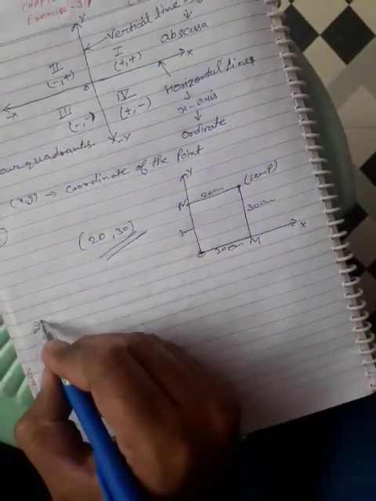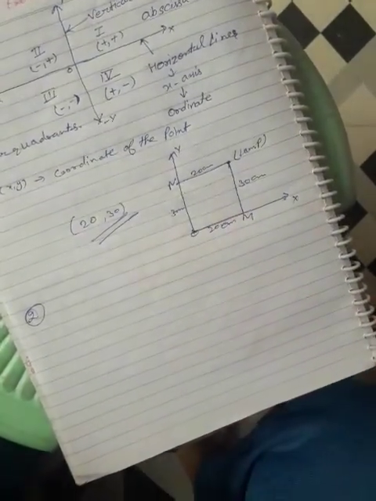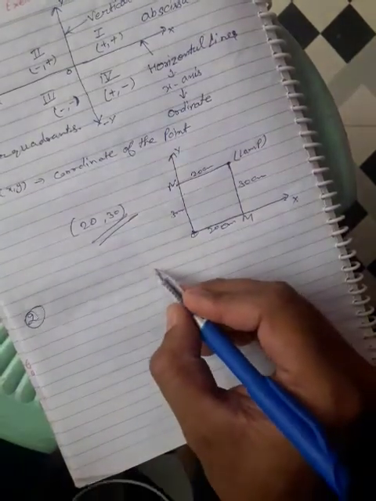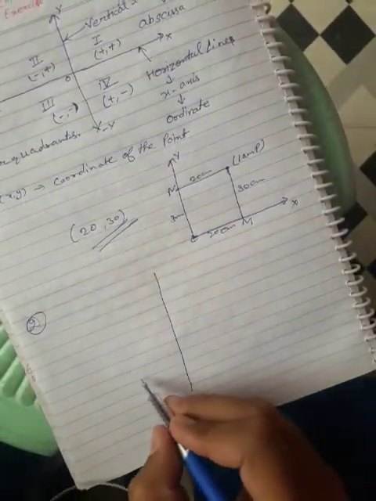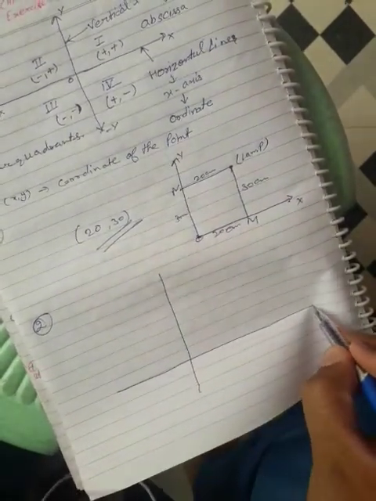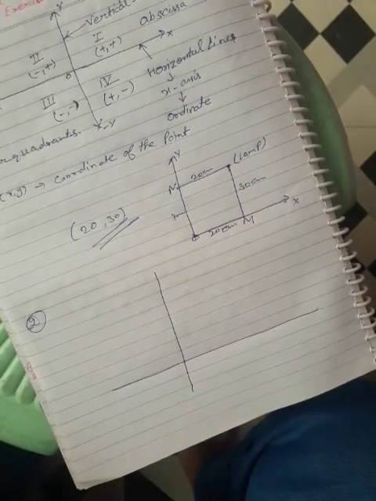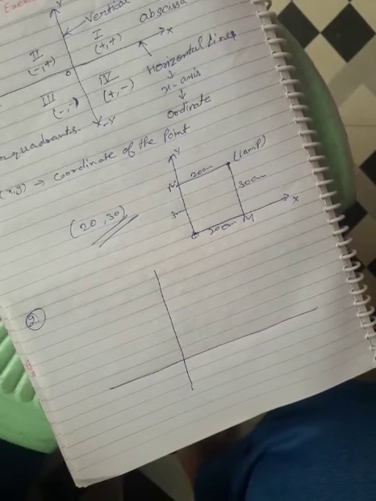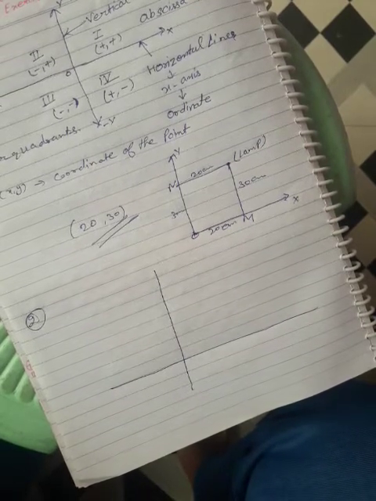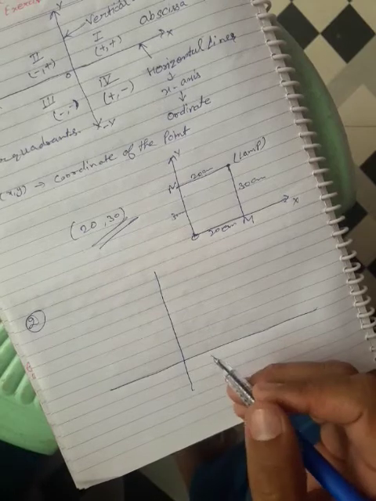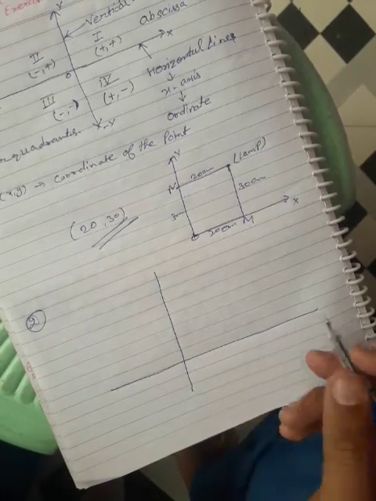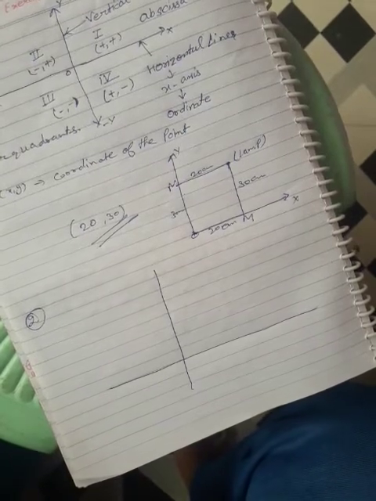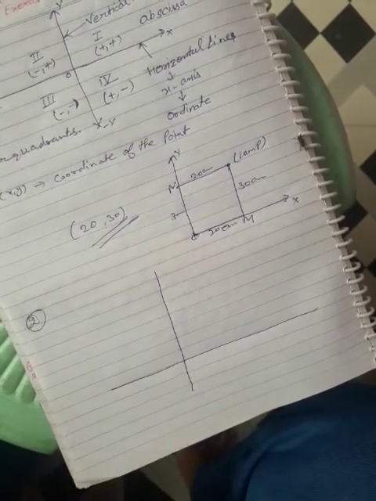Now the second question, street plan. A city has two main roads which cross each other at the center of the city. These two roads run along the north-south direction and the east-west direction.